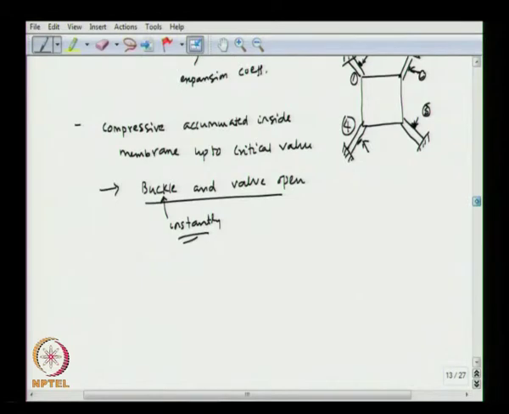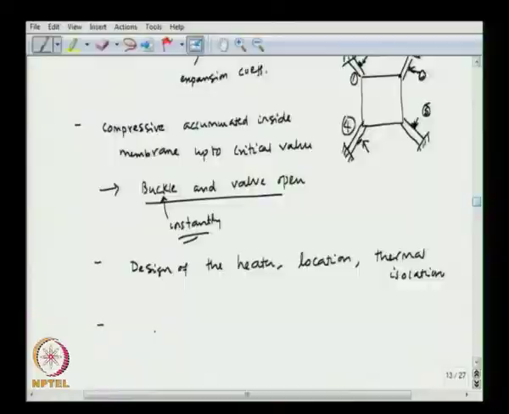So, the design of a thermomechanical valve would involve design of the heater, its location, and also thermal isolation. So, these are important design parameters. Okay.